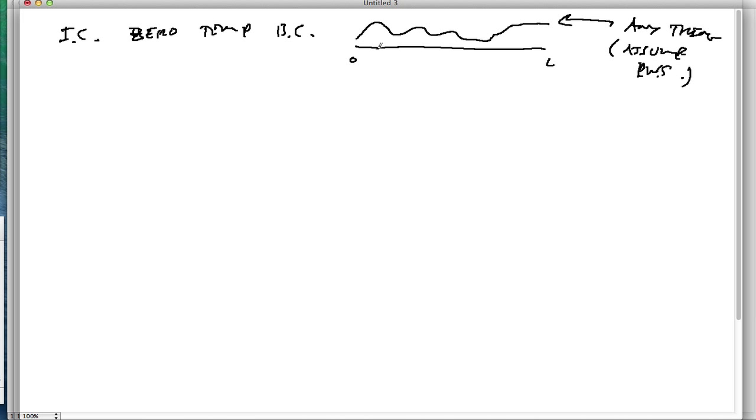But this is over 0 to L, right? So f is not an odd function per se. I'll put an exclamation point there. So f is anything, but it's not an odd function, because we're not even considering the other side, the negative L part, right? That's not even on our radar.